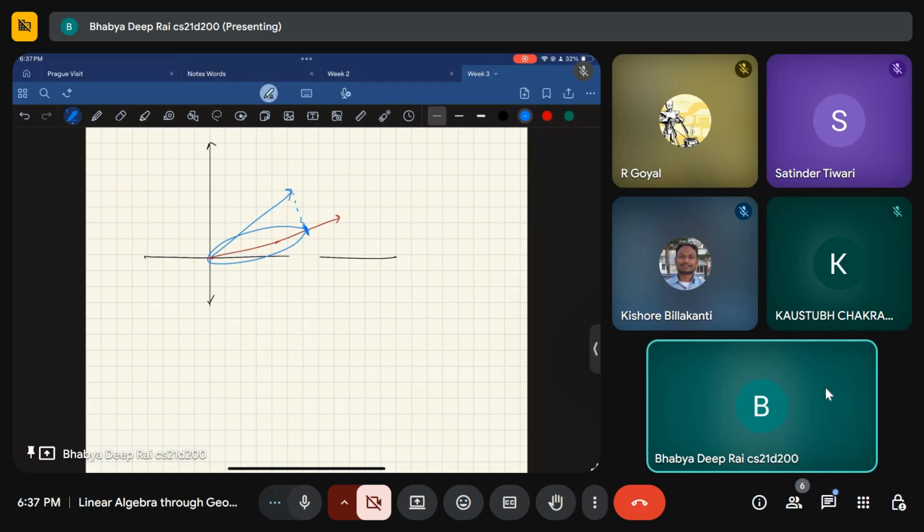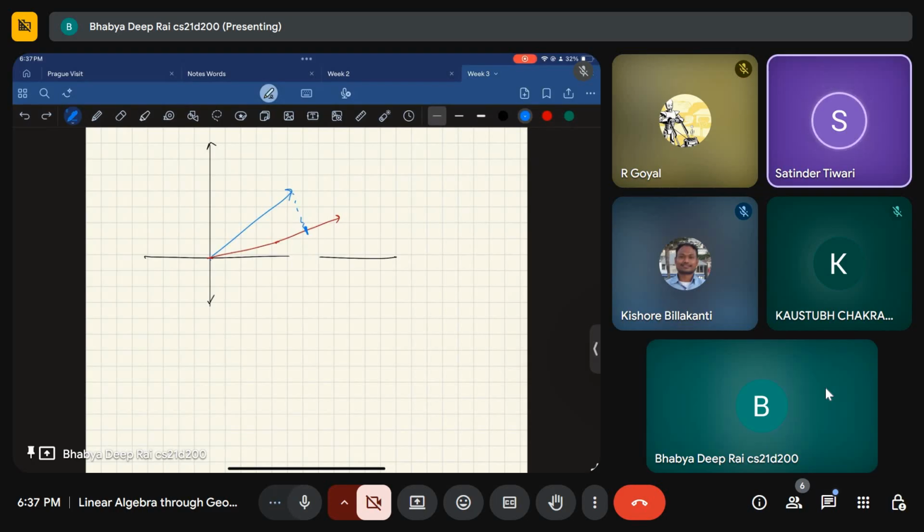The actual formula of orthogonal projections will have many more things. I'm not saying that this length is absolutely the only thing. We have projected one of the vectors on the second one. You need to multiply it by the unit vector to get the direction. But I don't want to complicate things. This will be the length of the projection, then multiplied by the magnitude of the other vector will give the dot product.